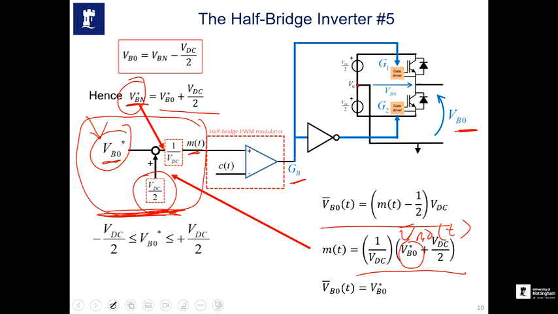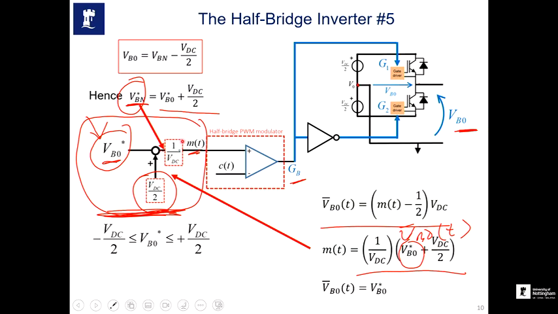And from this diagram, if you look at this part in here, first you have the addition block. This block is just adding VBO star with VDC by 2, which is shown here, VBO star plus VDC by 2.